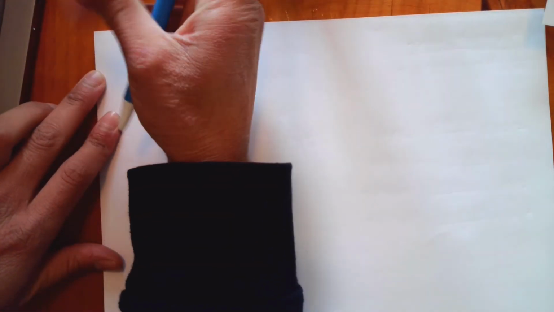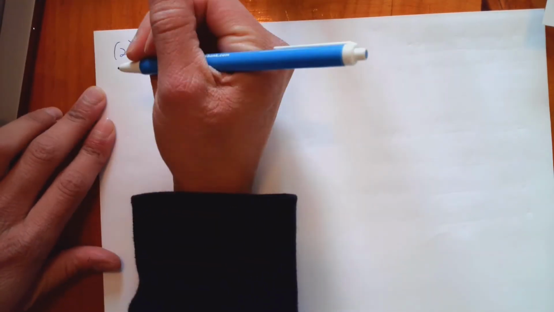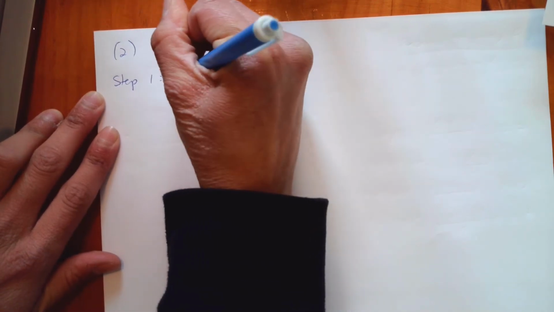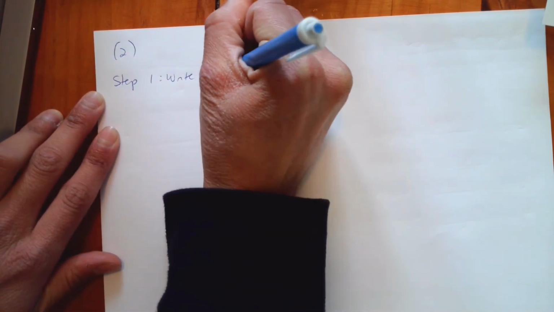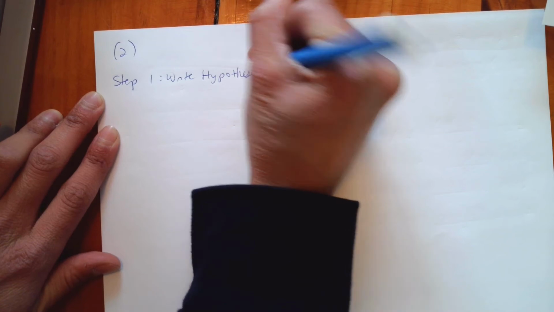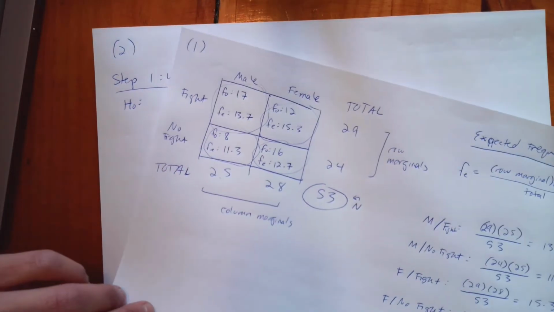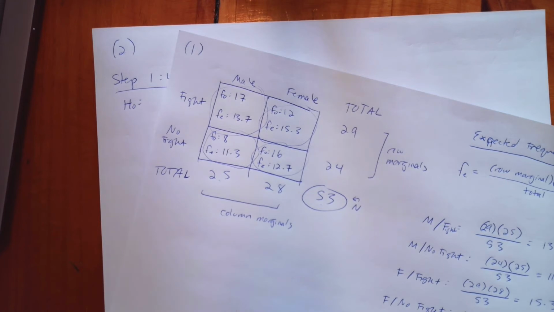Alright, so as with any hypothesis test here, we're going to start out by writing our hypotheses. So our hypothesis test again is about whether there's a relationship between gender and having been in a fight among criminal justice students at Rutgers.